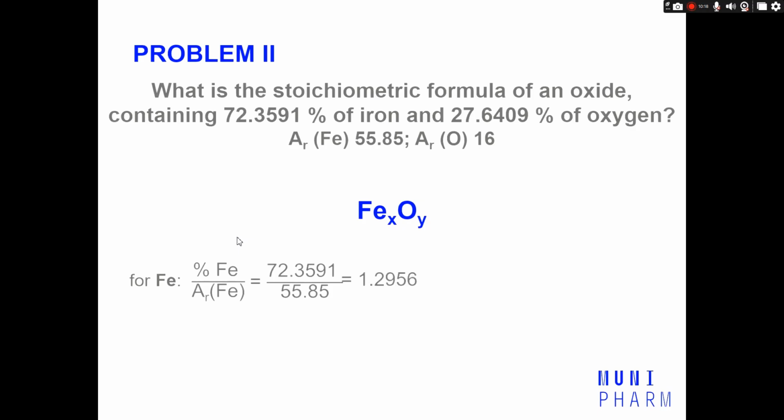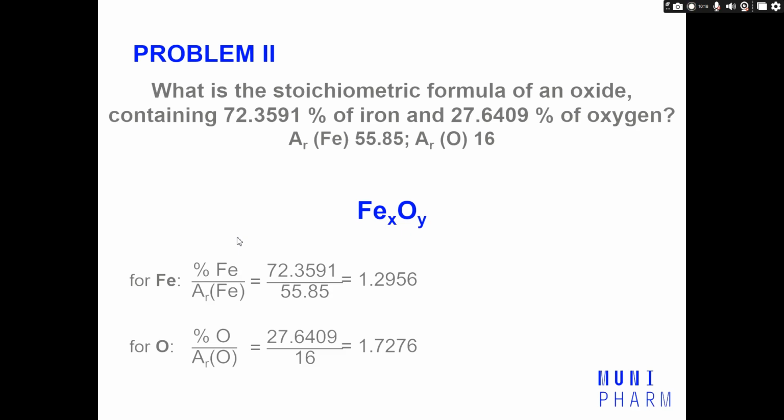We will get a coefficient of 1.29. We will do exactly the same for oxygen. We will again take the percentage value of oxygen content in the compound and divide by the atomic relative mass of oxygen. Numerically, we get a coefficient 1.73.